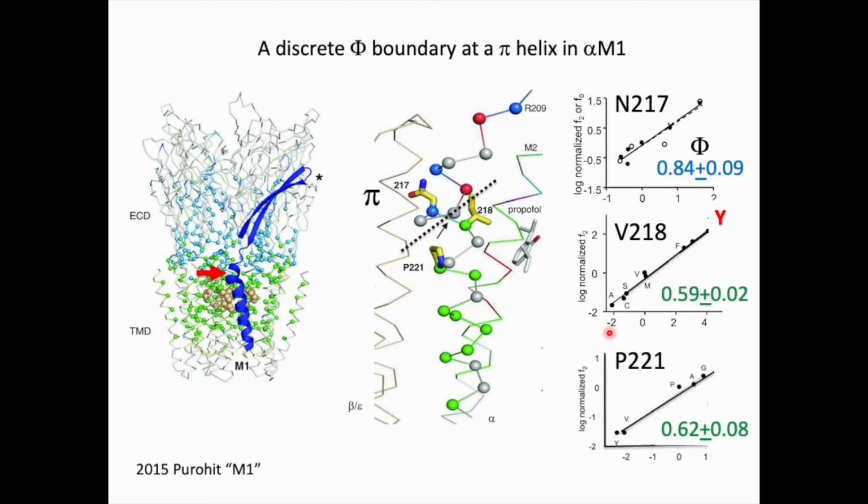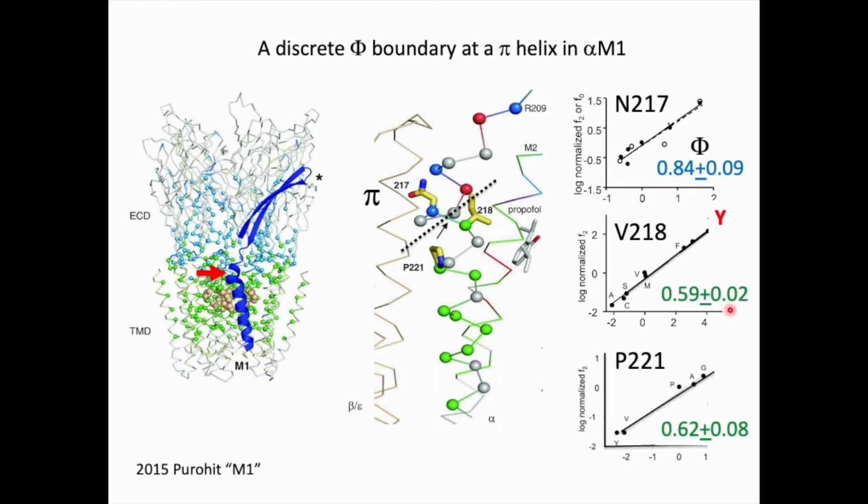I just want to point out in 218, there's a gigantic sensitivity to mutations in terms of the gating equilibrium constant. This is 6 orders of magnitude from Y to A at V218. Later on, I'll mention this residue again.